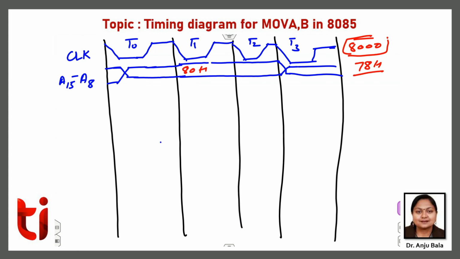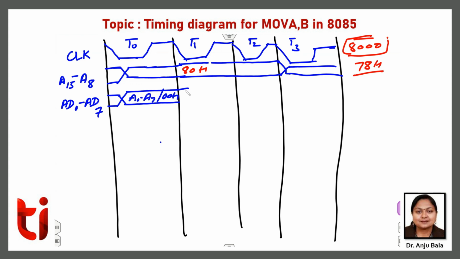After that, we need to take the low order address. The AD0 to AD7 pins are used to read the low order address as well as the opcode. For this case, again the first clock cycle is used to read the low order address, that is A0 to A7. Now in this case, it is 00H.